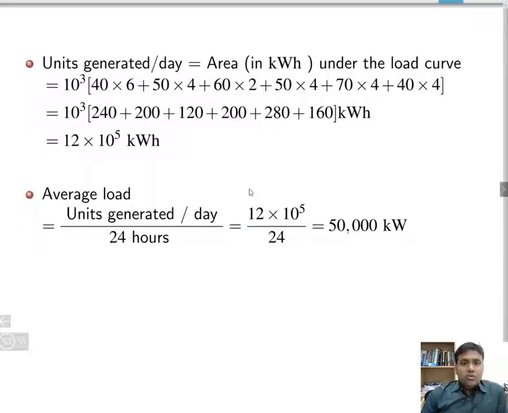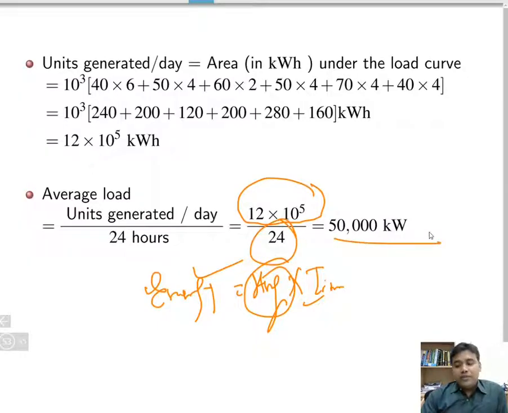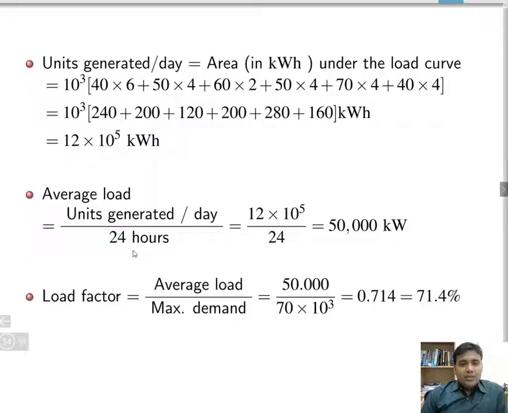You know that energy generated is basically the average load multiplied with the time of operation. So average load you have to calculate, that is energy by time. Energy is 12 into 10 to the power 5 divided by 24, so it is 50,000 kilowatt. Then the load factor is basically the average load by peak load.